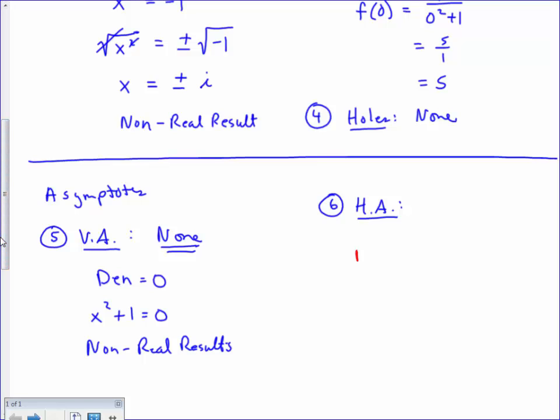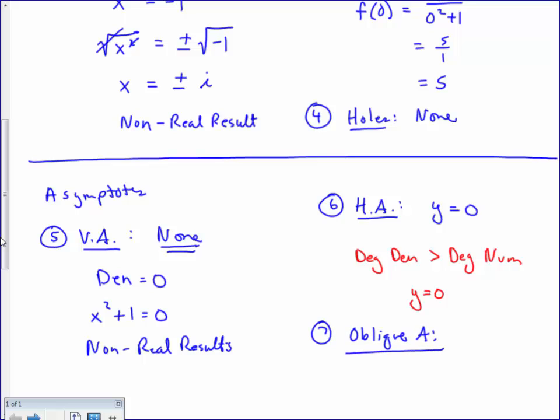So we'll make that note. All right, number 7, oblique asymptotes. Oblique asymptotes happen if the degree of the numerator is larger than the degree of the denominator. Since we found a horizontal asymptote, we have no oblique asymptotes.